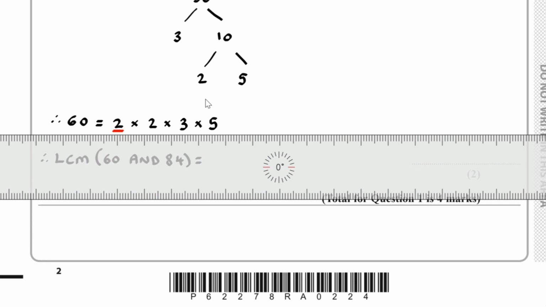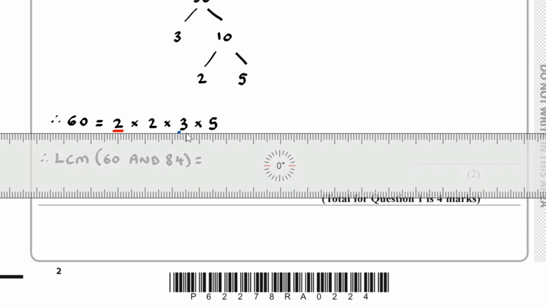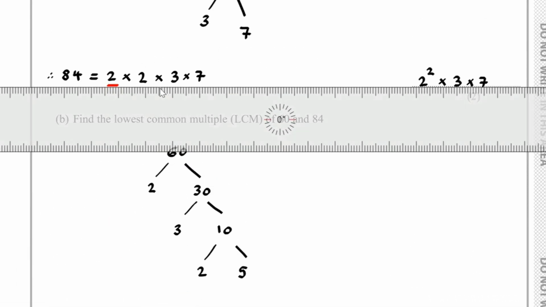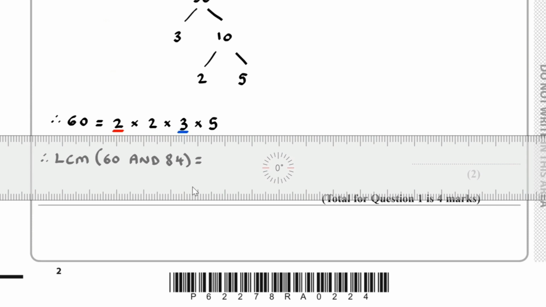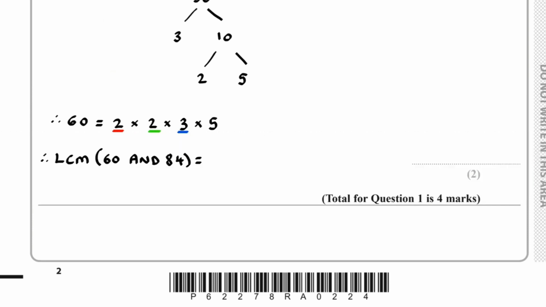We also have this 3, which is common to both. And we've also got this 2 here, which is common to both. So we've got the 2, here the 2, and the 3.